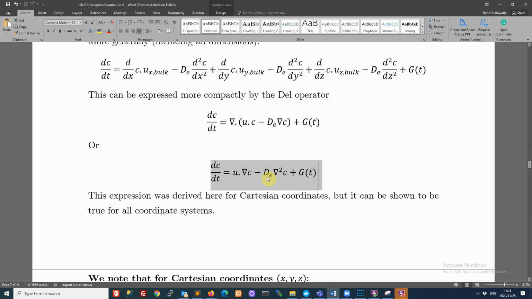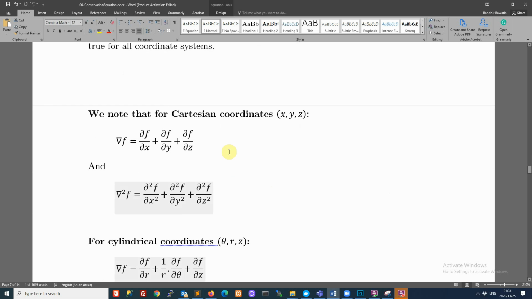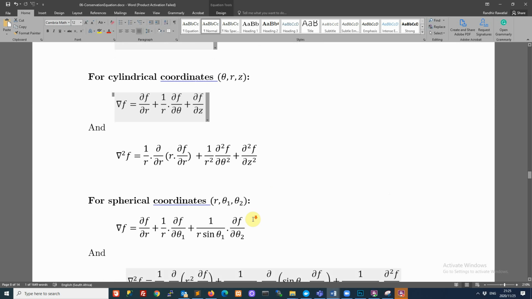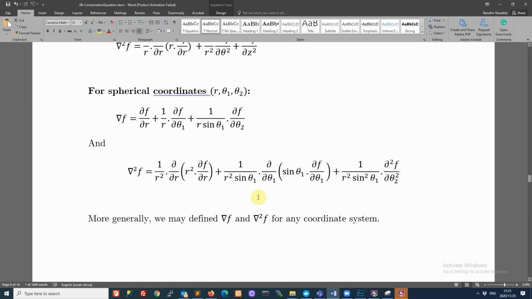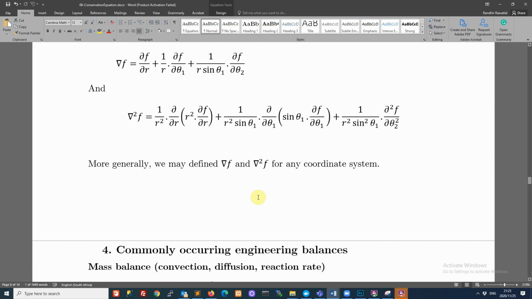If diffusion is much lower than convection, then we don't have that term. So it's a question first of what's the relative rates among these, which terms are retained, and then after that we can ask what's our coordinate system and just apply the appropriate definitions for del and del squared, and then we'll get the right equation.